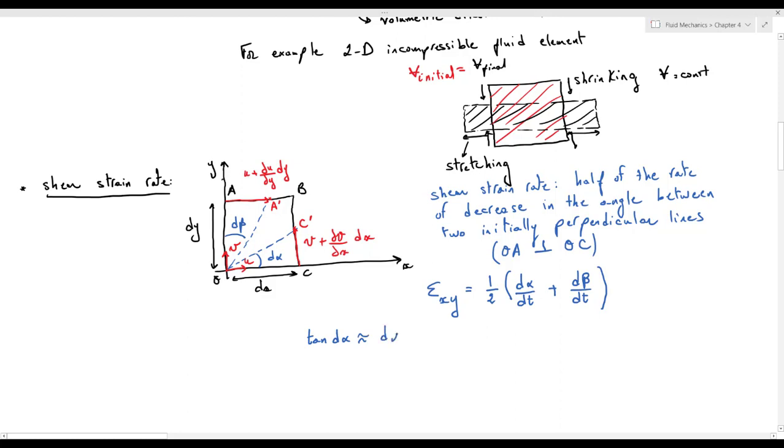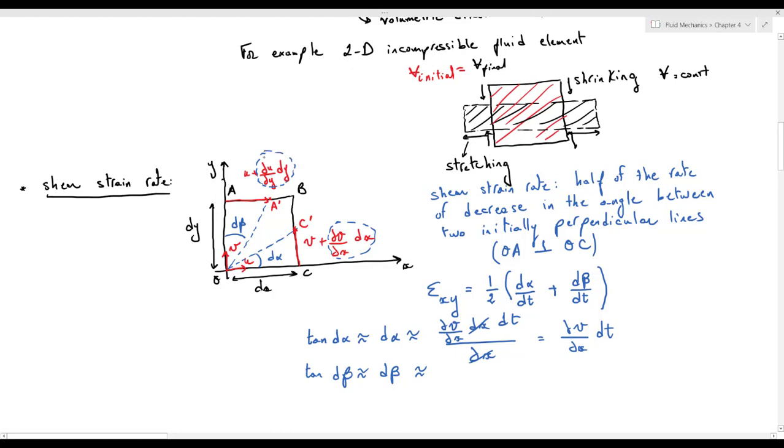So since d alpha is small, tangent d alpha is equal to d alpha, and it is equal to del v over del x dx, the opposite side, times dt, since this is a distance, over the adjacent segment dx. So d alpha will be equal to del v over del x times dt. And similarly, tangent d beta is equal to d beta and is equal to AA prime.